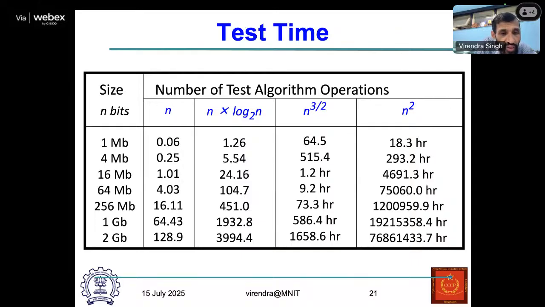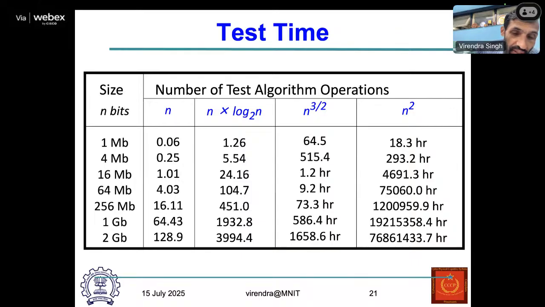Now if you go for say 1 GB memory, in your systems you have 8 GB or 16 GB or something like that. If it is 1 GB and the complexity is n, it will take 64 seconds. That is large, but still doable.